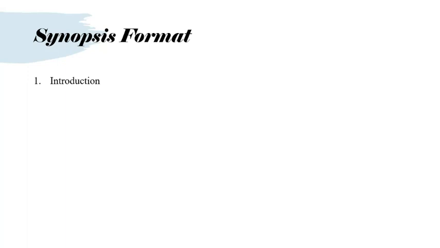In the introduction section, you can tell what this research is all about, why you chose this topic, or why this topic is important to be studied. If we are doing any kind of research which has no use or which is not important, it is not contributing to the society, right? Therefore, whenever we make a synopsis, the introduction should clearly explain what led you to choose this particular topic.